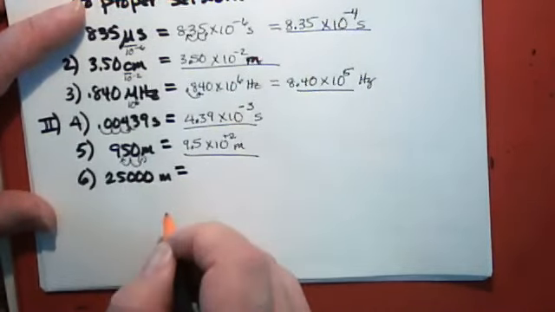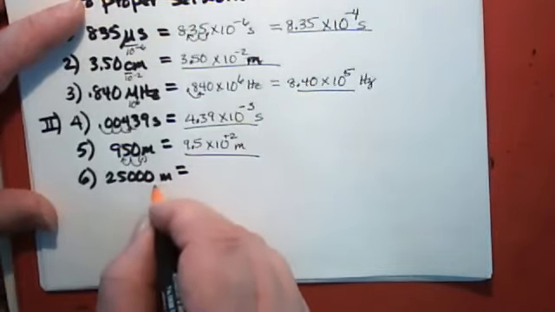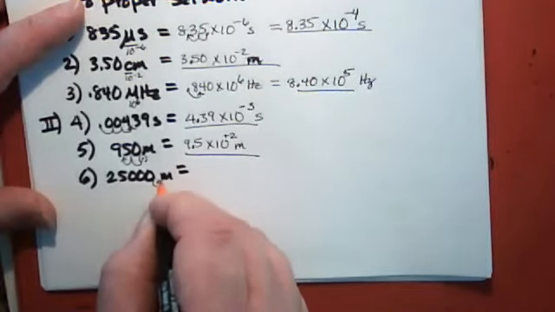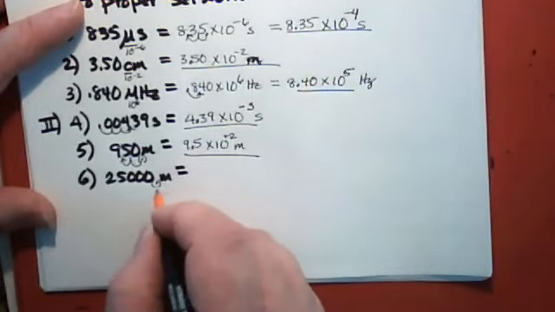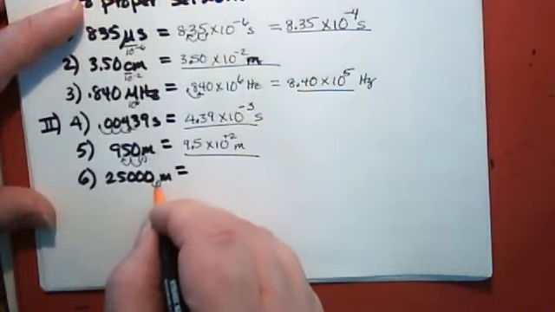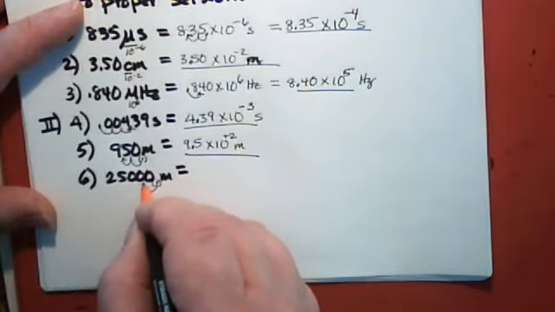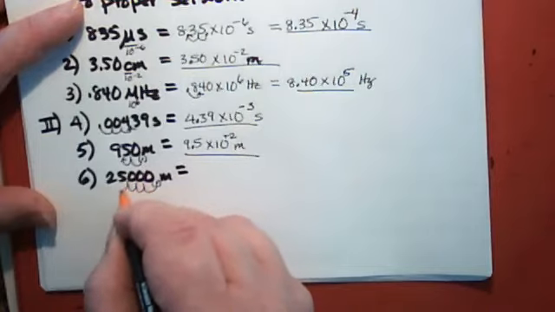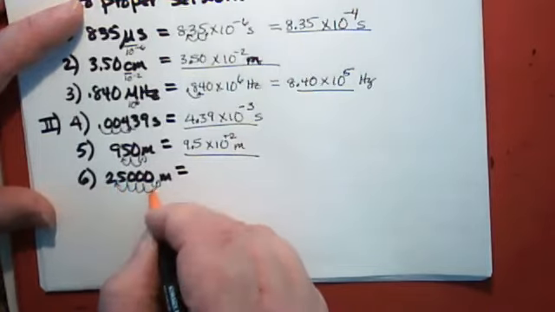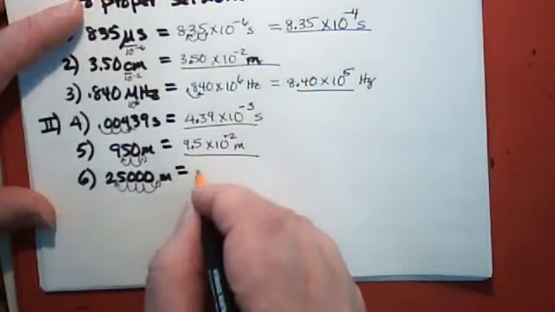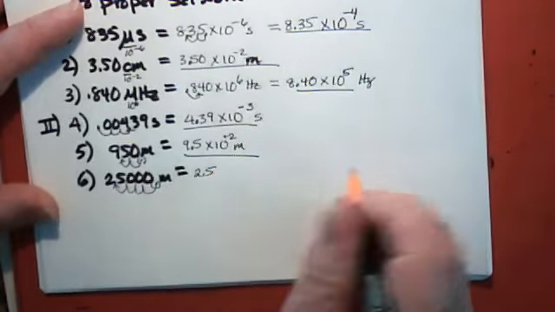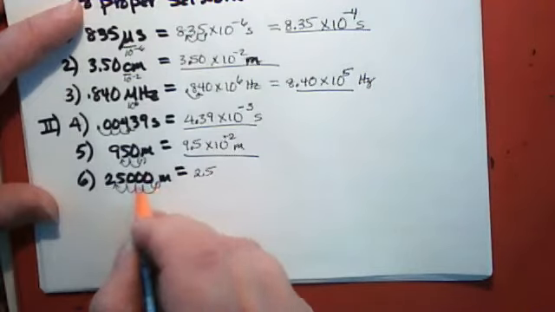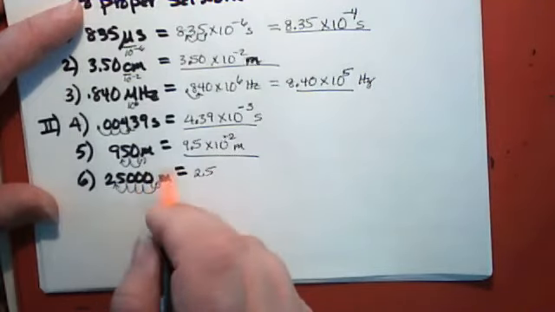And then we have 25,000 meters. Once again, we have an implied decimal point. So I'm going to put it in parentheses just so I remember that it wasn't there to begin with. And then if we move the decimal to a point where the number is between 1 and 10, we have to move it 1, 2, 3, 4 places to the left. So our number ends up being 2.5. Remember, since there was no decimal point originally, those zeros at the end don't count.